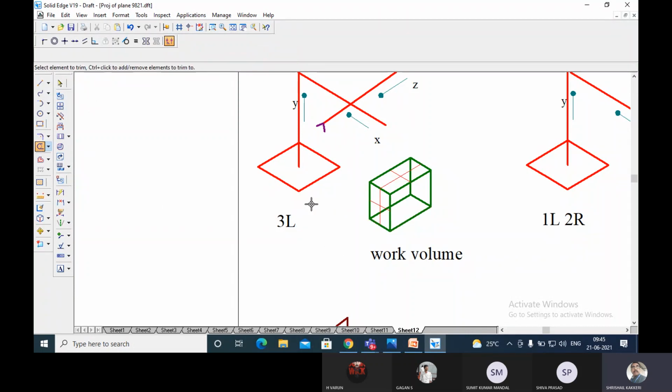Correct? Are you understanding me? Yes, sir. Good. I am showing it here only. It is self-explanatory. See that all these will be uniform in shape.